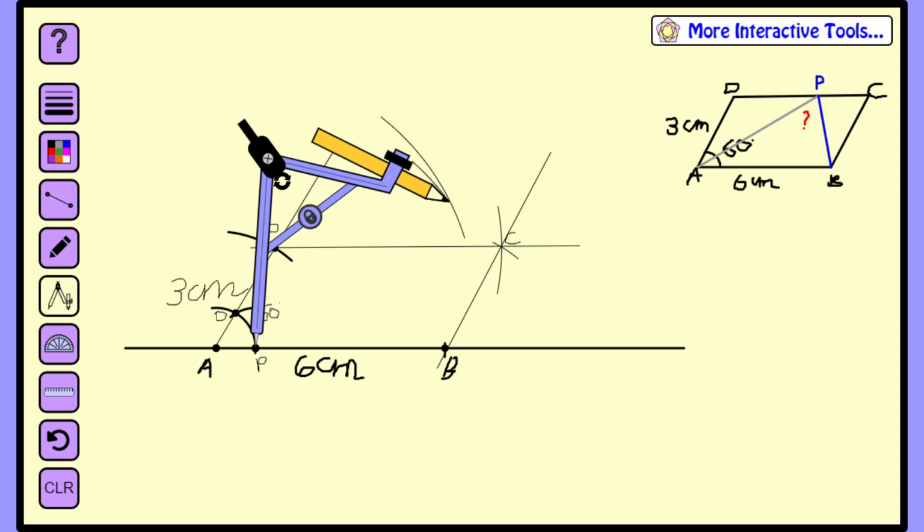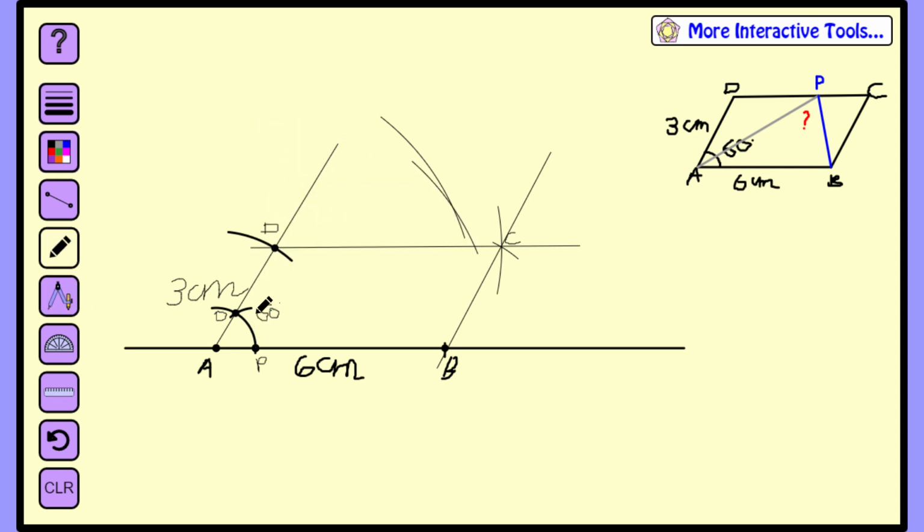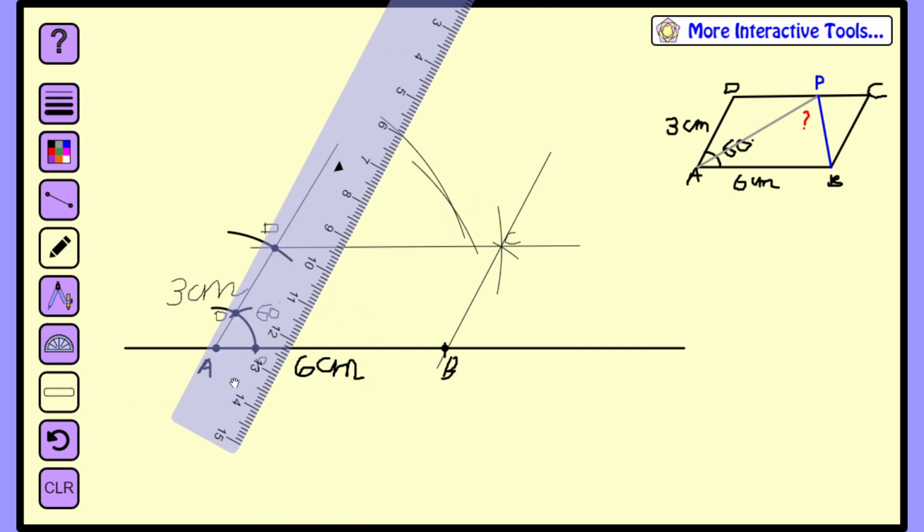Let's draw it. This intersection is going to give us the bisector of angle DAB.